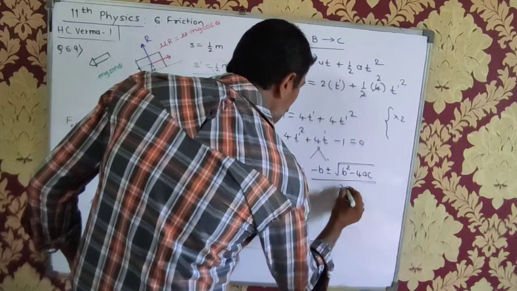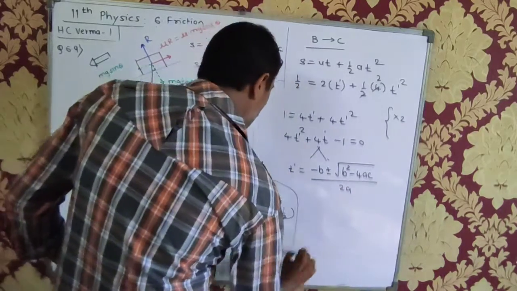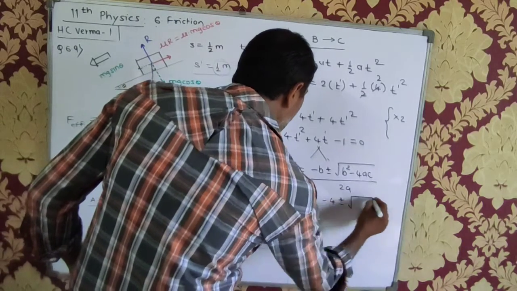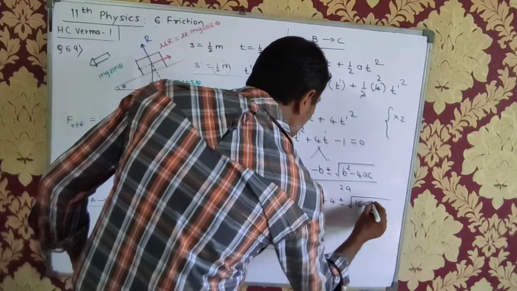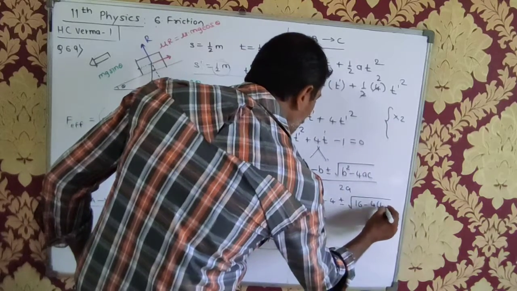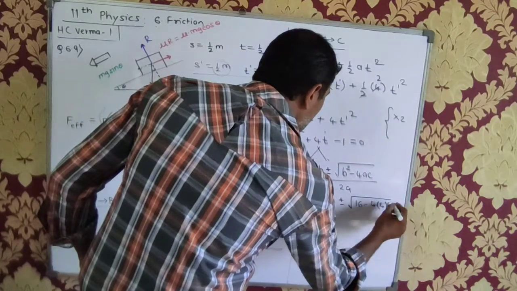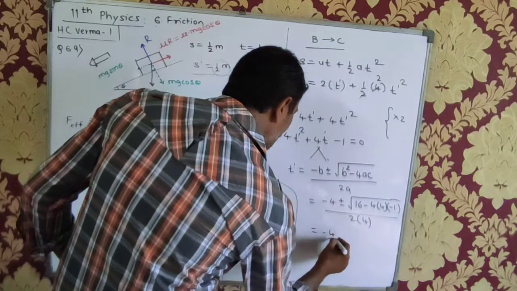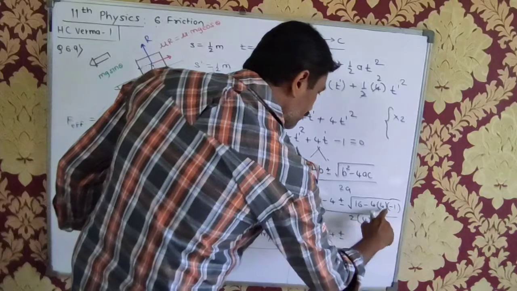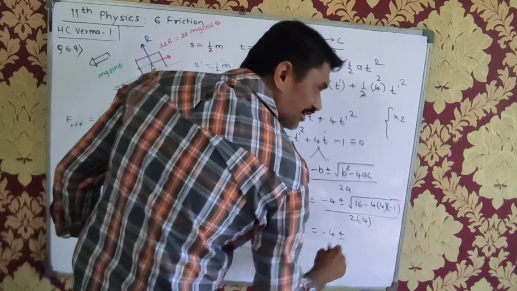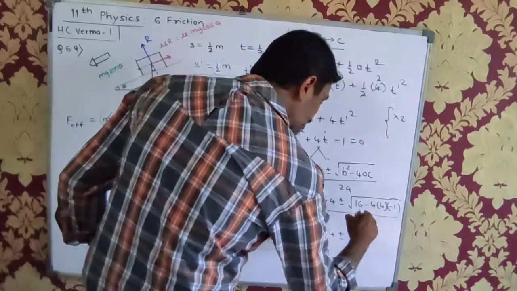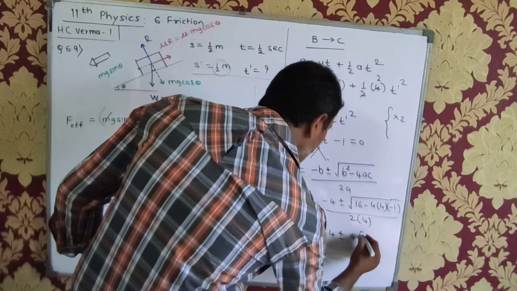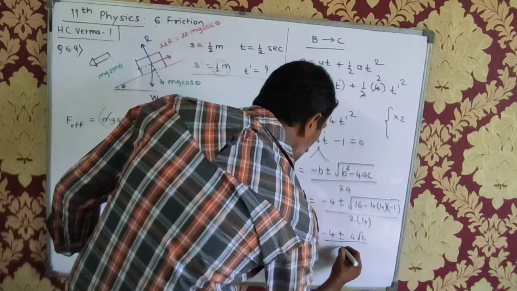So that is minus 4 plus or minus square root of 16, where a is 4 and c is minus 1, upon 2 into 4. That is minus 4 plus or minus square root of 32, meaning 4 root 2, upon 2 into 4.